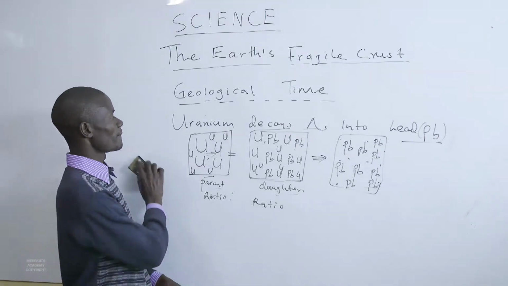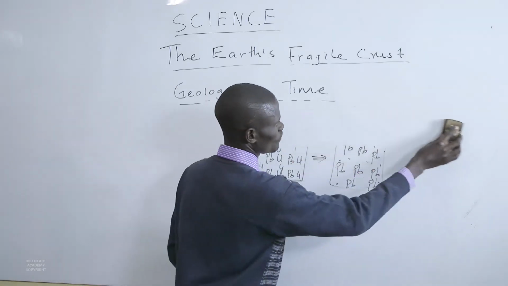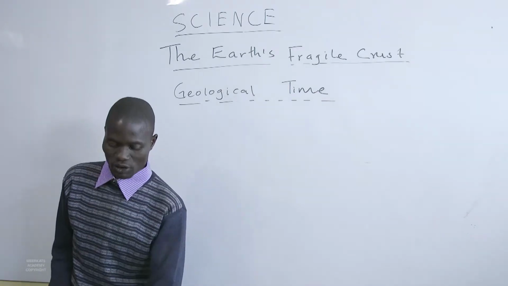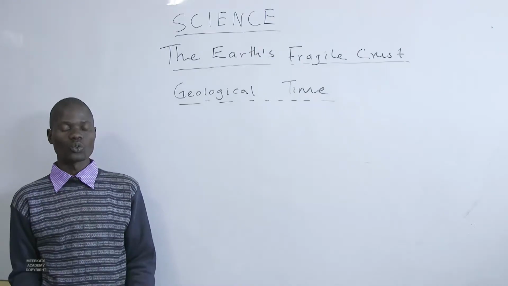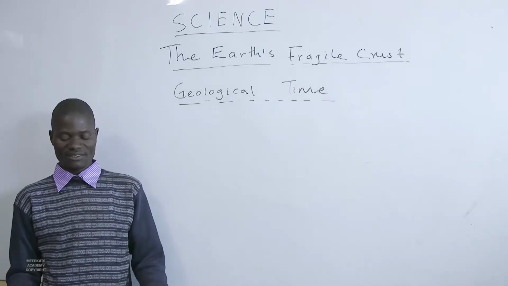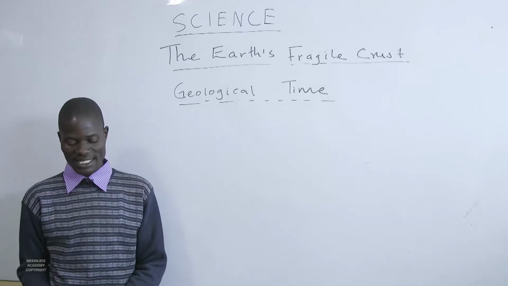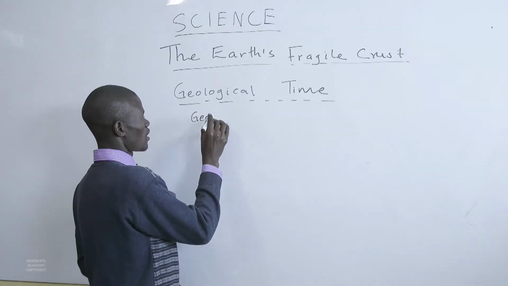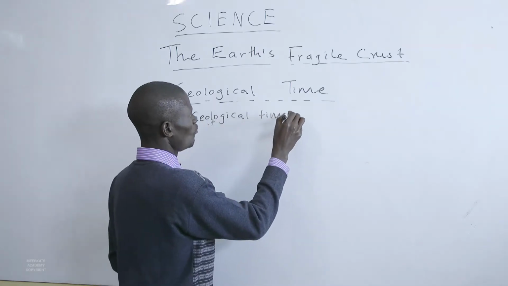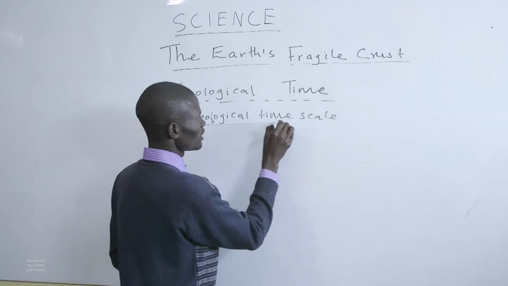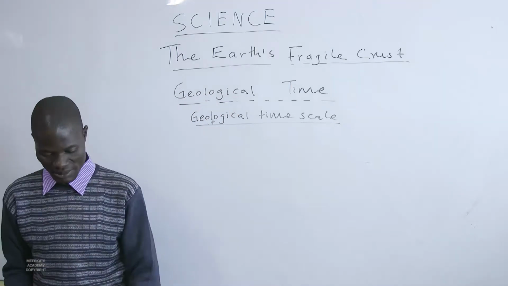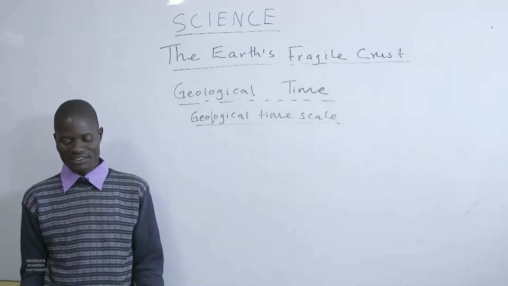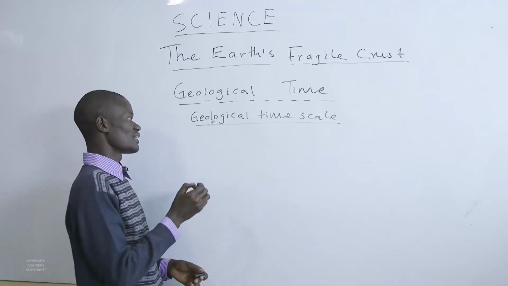Therefore, by looking at this comparison, the geological timescale gives us a model which is always used by geologists, and it has divided the Earth's history into a series of time intervals. Geologists have come up with the geological timescale, a model over which they have divided the history of the Earth.